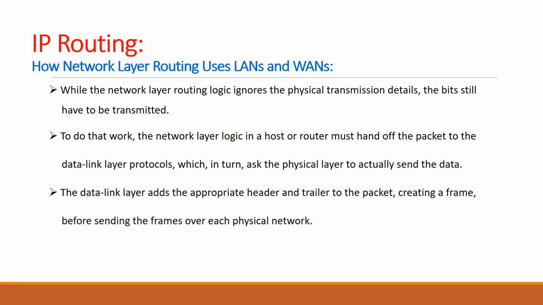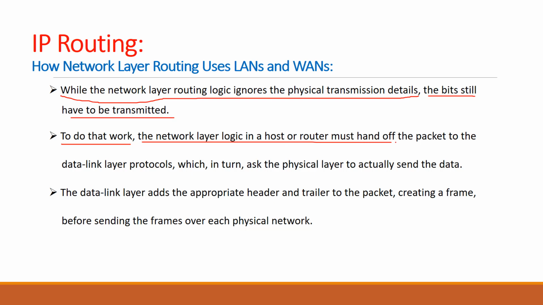How network layer routing uses LANs and WANs. While the network layer routing logic ignores the physical transmission details, the bits still have to be transmitted. To do that work, the network layer logic in a host or router must hand off the packet to the data link layer protocols, which in turn ask the physical layer to actually send the data.